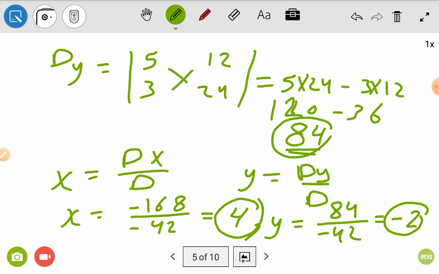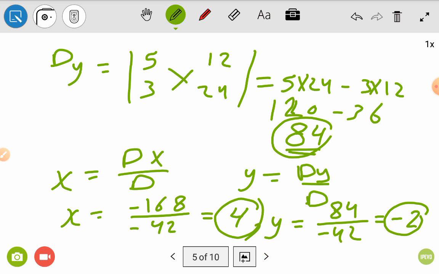The second step, dx: when you get dx, you have to cancel the variable of x and put the absolute value. And when you get dy, you cancel y and put the absolute value. After you get dx and dy, you can divide dx over d to get the value of x, and also you can get the value of y by dividing dy over d.